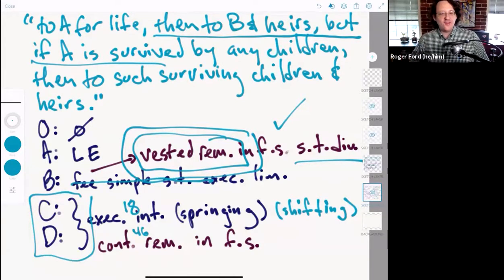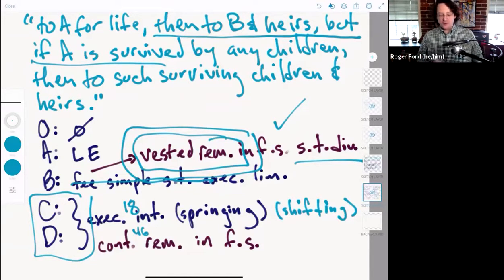I think it's more about the sequence than the language, although the language here would be "but if," right? So in this sequence, we've got a grant to A and then a grant to B, and then, but if some stuff happens, then to someone else. And so the "but if" is the language that takes it away from B. And so if we change the order, it would be different.